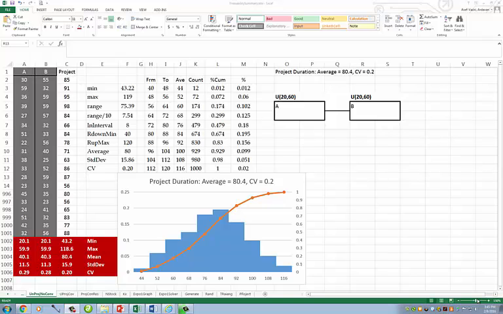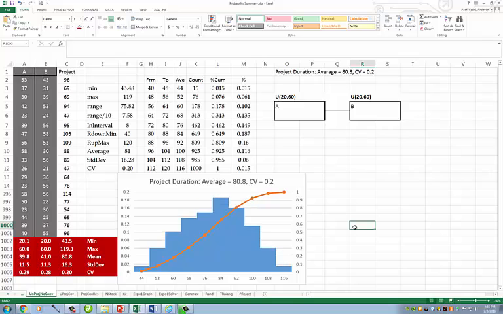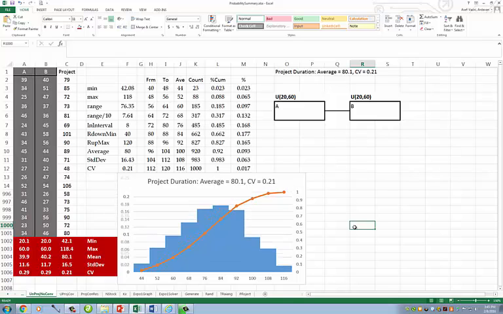Let's take a look at two managerial observations. First, while this activity has uniform distribution and this activity has uniform distribution, the summation of the two activities doesn't have uniform distribution. It is closer to normal distribution than to uniform distribution.